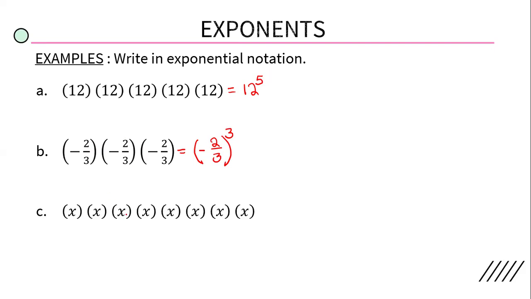Next, X times X times X times X times X times X times X times X. Let's count how many times. 1, 2, 3, 4, 5, 6, 7, 8. So we're multiplying X by itself 8 times. Then 3y, 1, 2, 3, 4. So we have 3y to the power of 4.